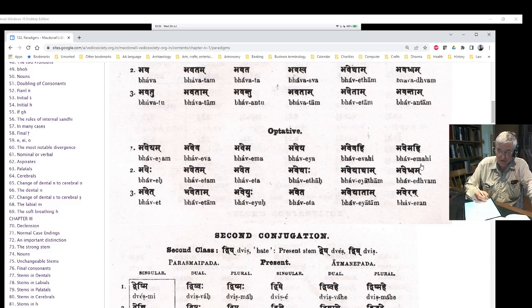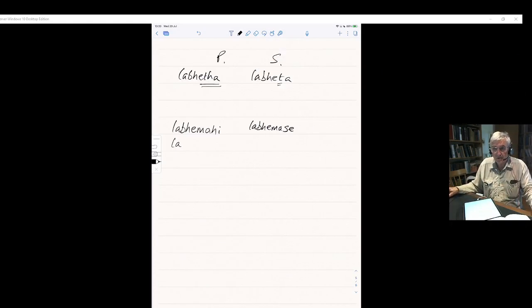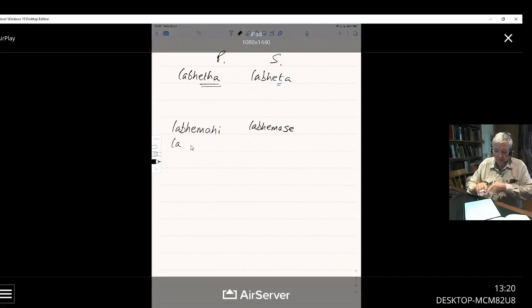For the second person, sorry, I forgot to show you what I was writing. Labhemahi, labhemase. For the second person, in Sanskrit, edvam. This dvam ending is characteristic in Sanskrit of the second person plural atmanepada.